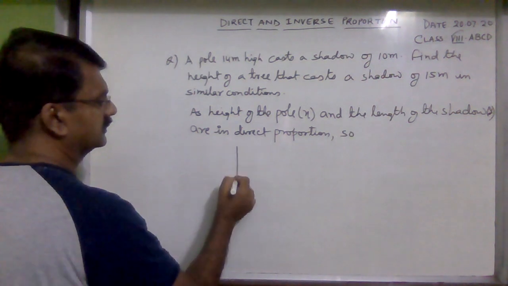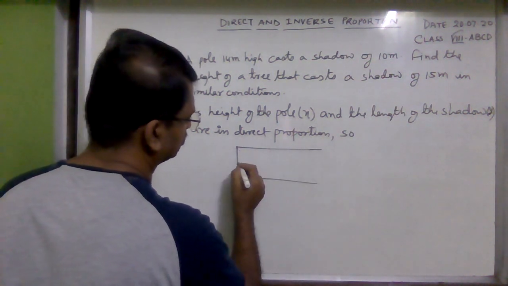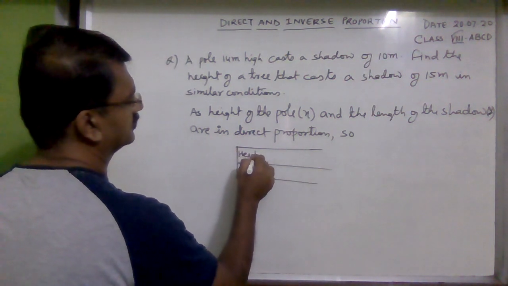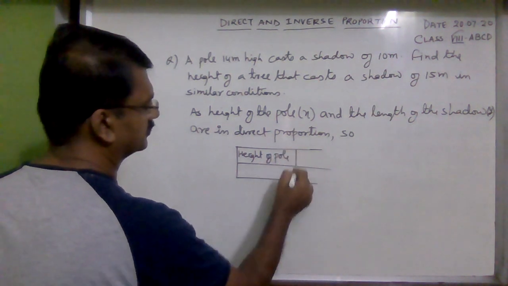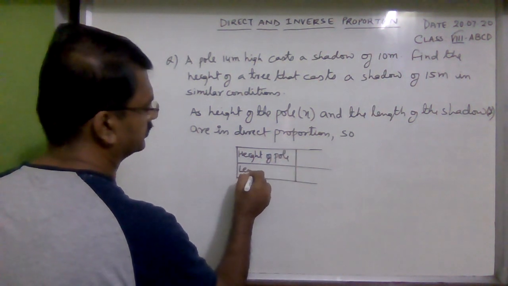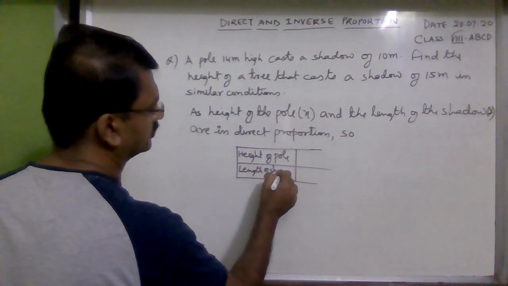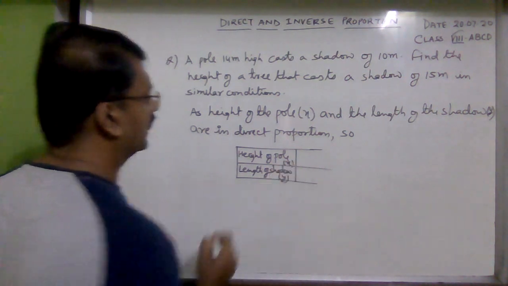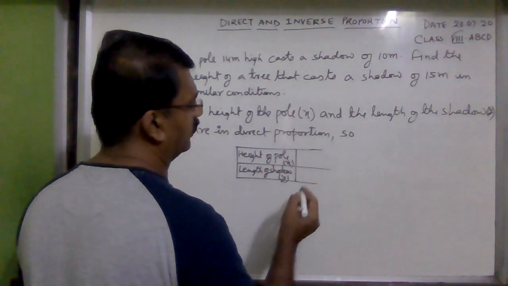So first of all you make a table. Length of pole, height of pole x, length of shadow y.